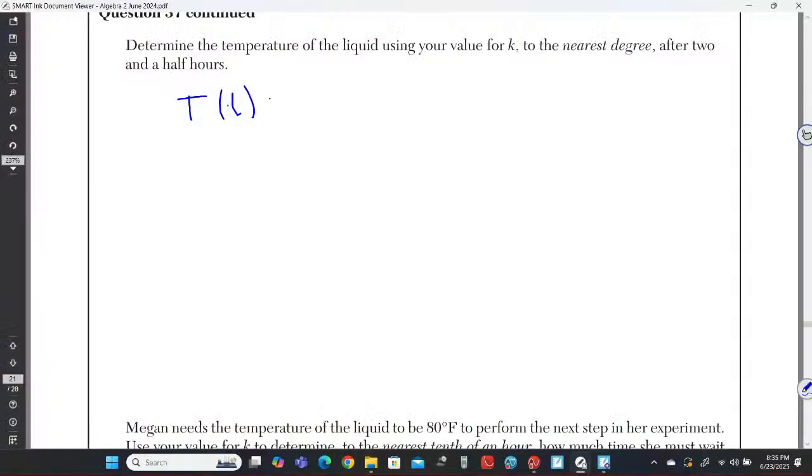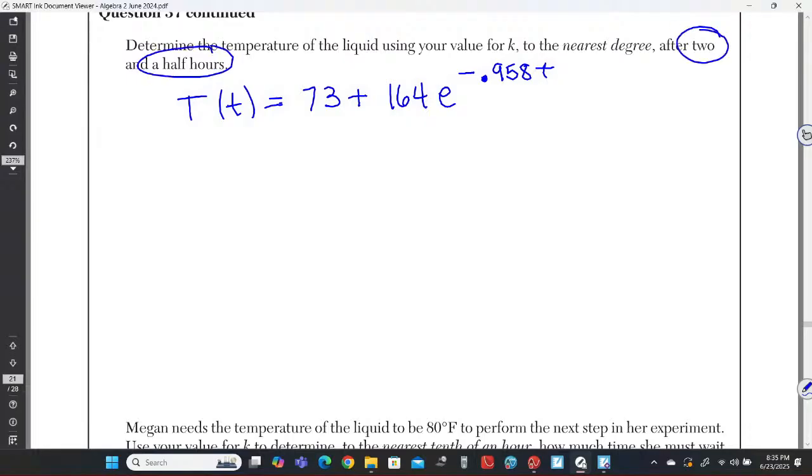T of t equals 73 plus 164 e to the negative 0.958 t. So that's our model. We want to just know after 2.5 hours, I love how they have to keep writing that out.